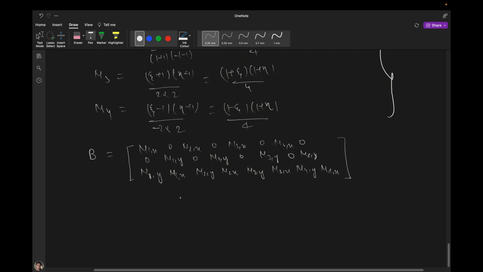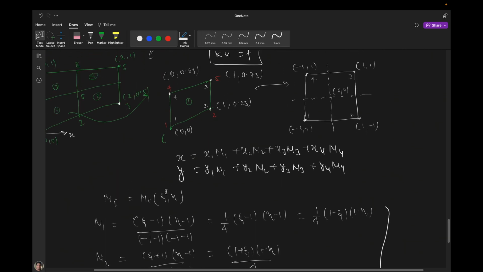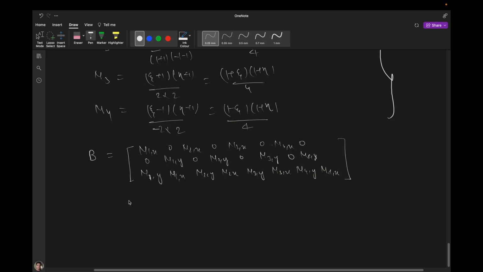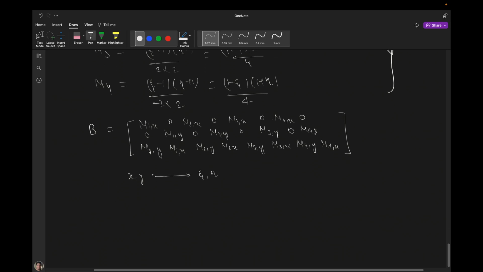This was the form, but since we are changing the variable, I mean x, y to xi and eta.